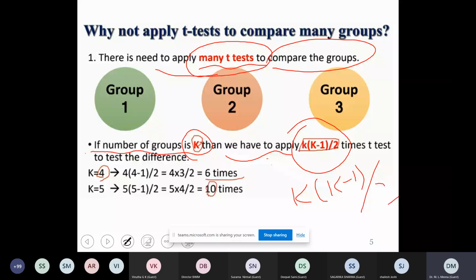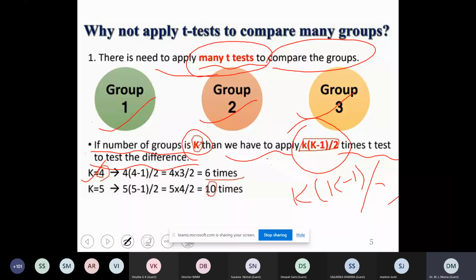In this slide, K is 3: group 1, group 2, group 3. So 3 groups are there. For example, if K is 6, that means 15 t-tests to compare the groups. Hence t-test is more time consuming as compared to ANOVA.